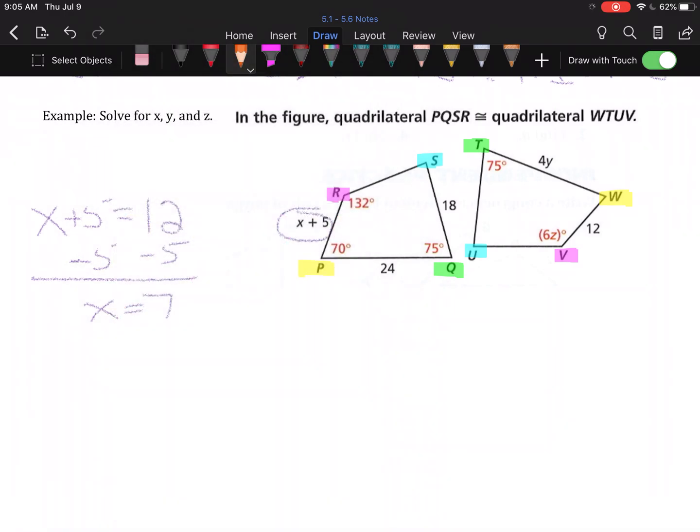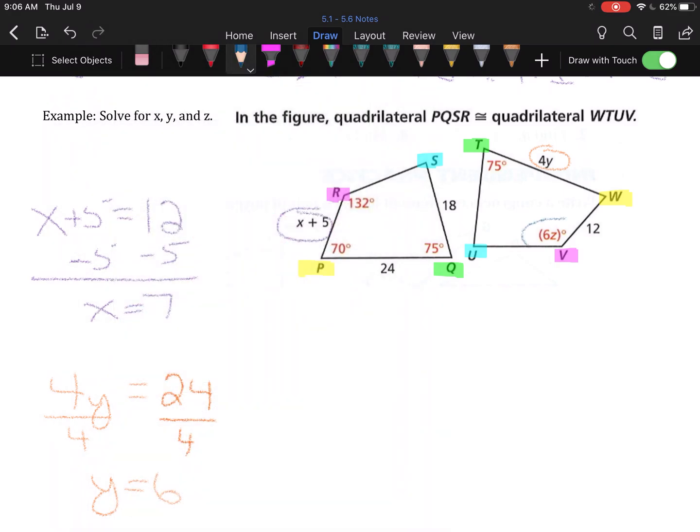Let's find y. It's up here. 4y is on the green to yellow side. So that has to be the same as the green to yellow side of the first quadrilateral, which is 24. Quick divide by 4 to solve this. Y is 6.